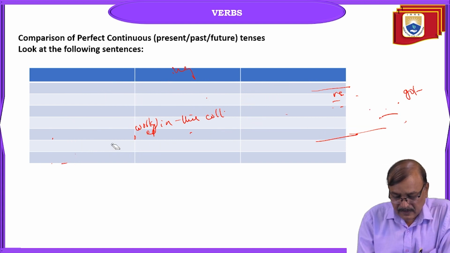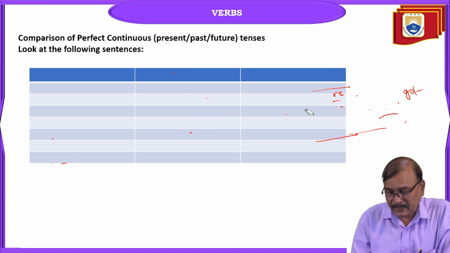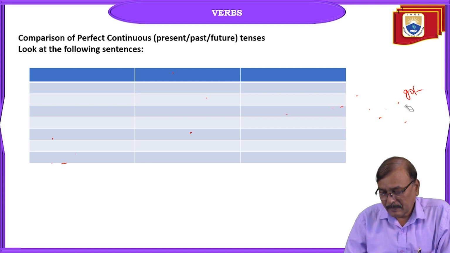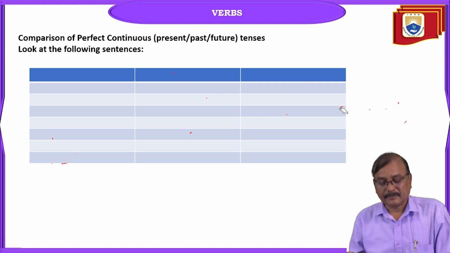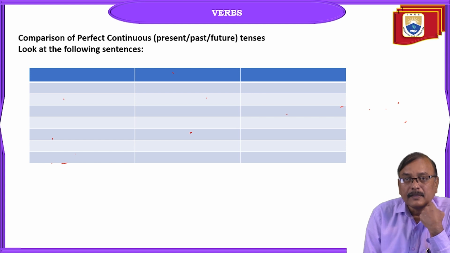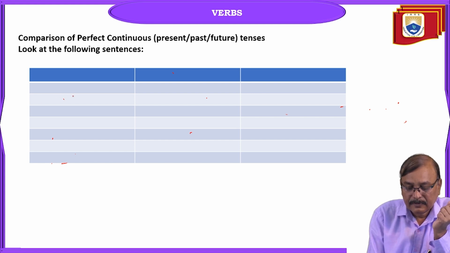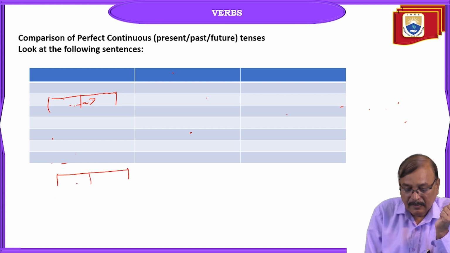Now here we shall go with the next one. So the difference between present continuous and present perfect continuous, past continuous and past perfect continuous, future continuous and future perfect continuous.